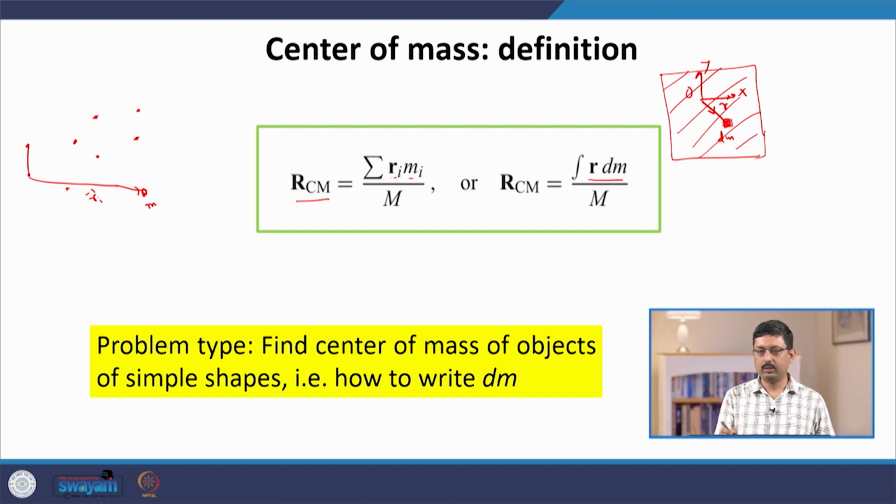Then the center of mass of the square will be given by the element times its location, integrated over the whole square, divided by the total mass of the square. So this is the mathematical definition.